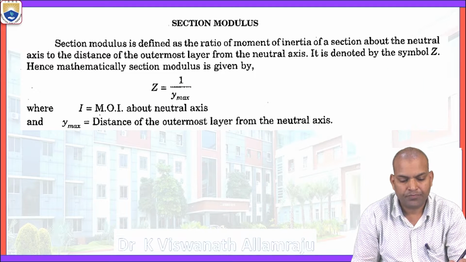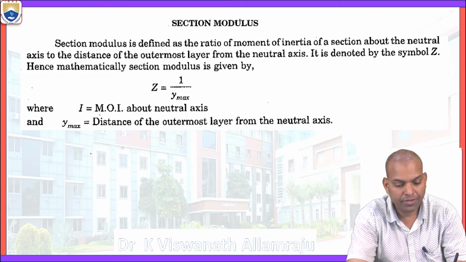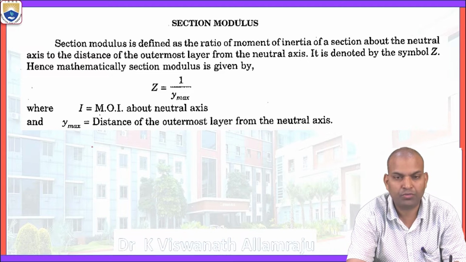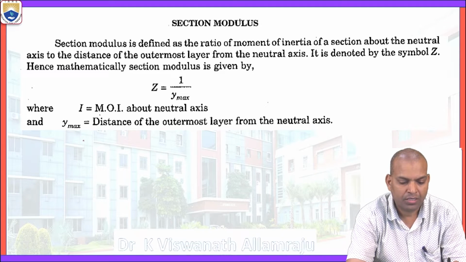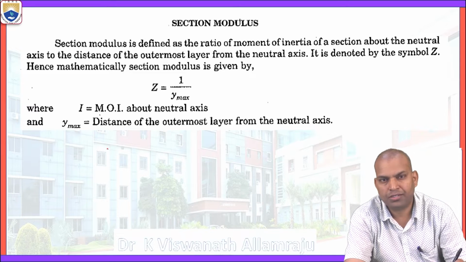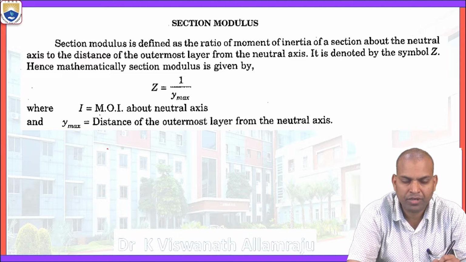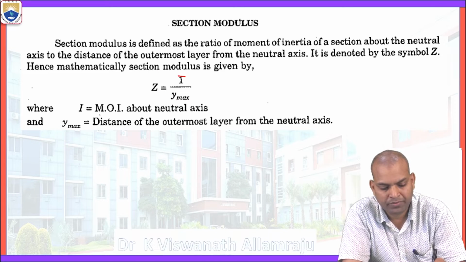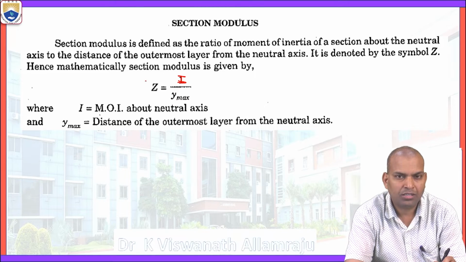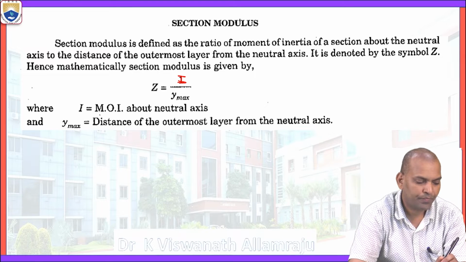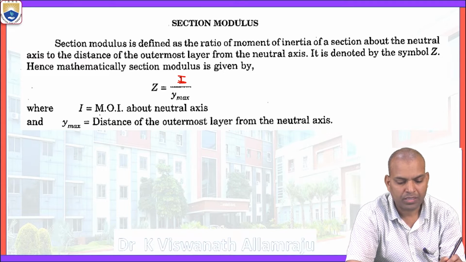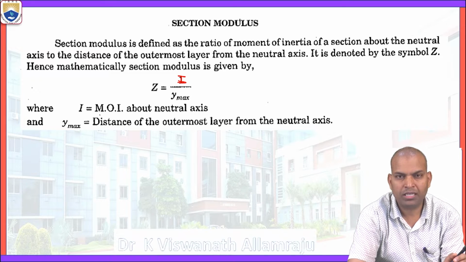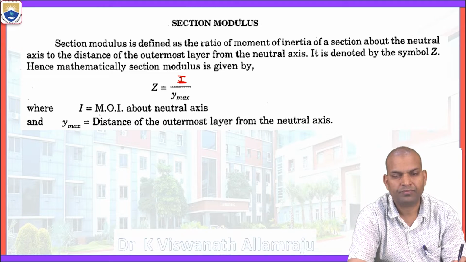Coming to a very important concept here, it is section modulus. What is the significance of section modulus? The section modulus is the ratio of I and y maximum. Mathematically, this is I by y, where I is the area moment of inertia and y becomes y maximum, the distance of the outermost layer from the neutral axis.